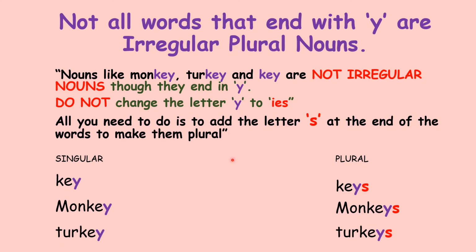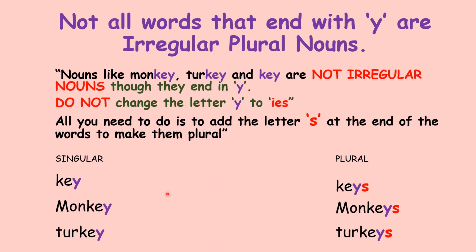What you need to do is just to add the letter S at the end of the words to make them plural. For example, the word key. Key is singular. So to make key into plural, all you need to do is to add the letter S and it will become the word keys.